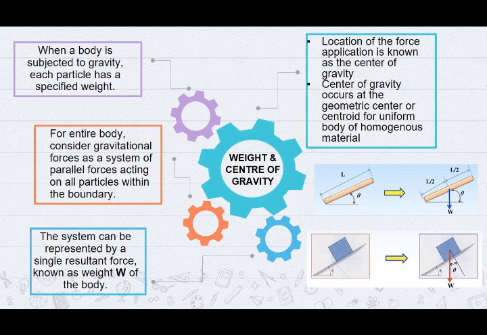The location of the force application is known as the center of gravity. Center of gravity occurs at the geometric center or centroid for a uniform body of homogeneous material. You can see the example on the screen.